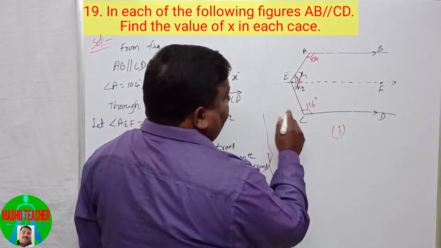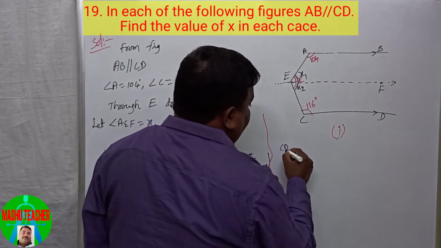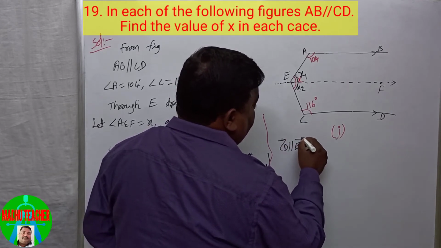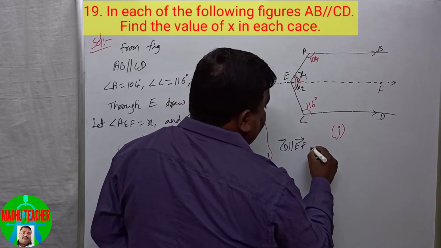Next, taking CD parallel to EF, these two are parallel, and EC is the transversal.